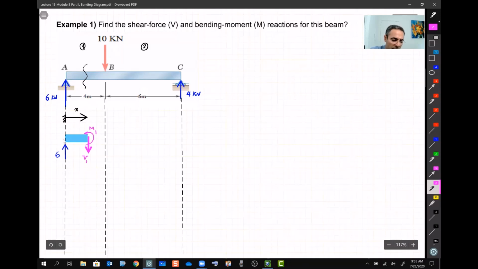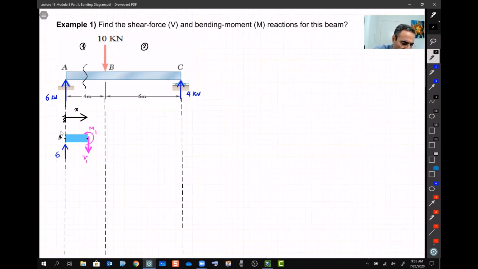And what is the distance from this point, let's say A, right? This is point A, to this point, let's call it C1. We call it C1 because it is S1, section 1, whatever you're comfortable to call it, like S1.